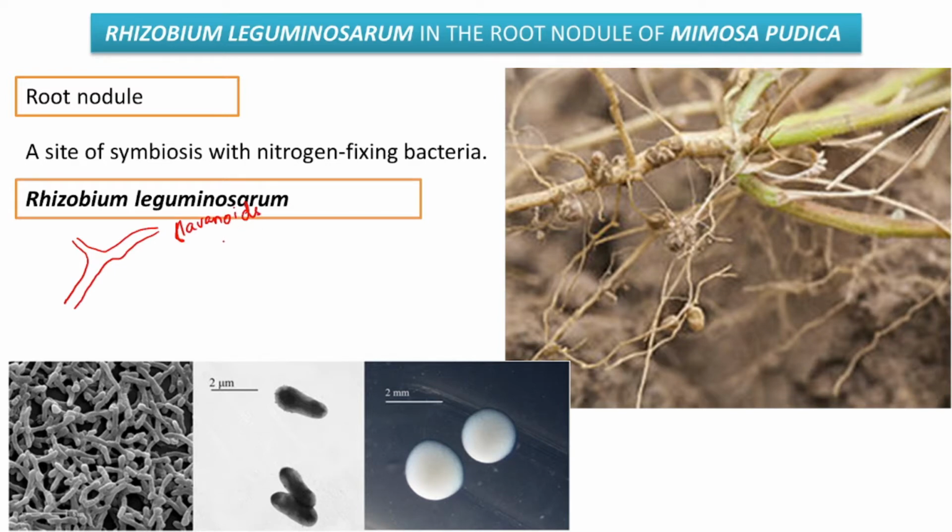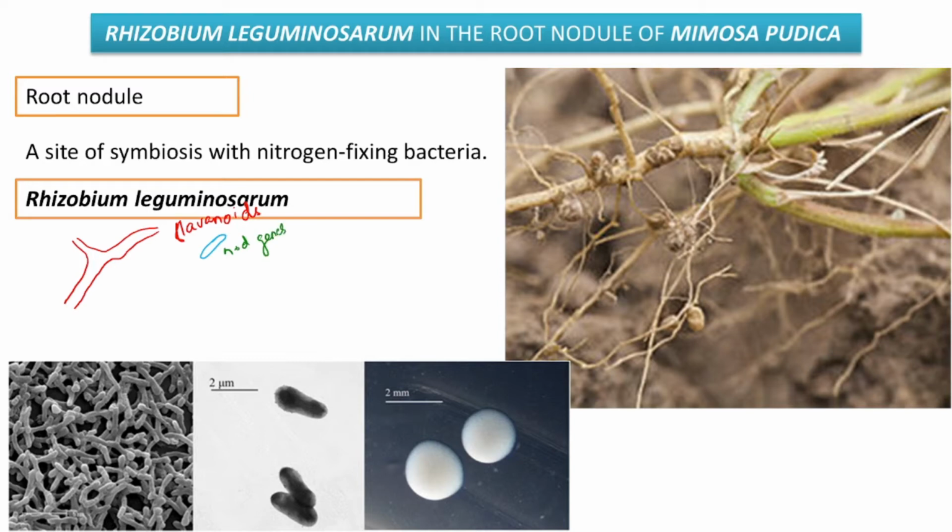And these flavonoids attract the bacteria, Rhizobium bacteria, that are present in the soil in the vicinity of these roots. This is the bacterium, and as this bacterium is attracted by these flavonoids, some genes that are present in the bacterium, they are called the nod genes.